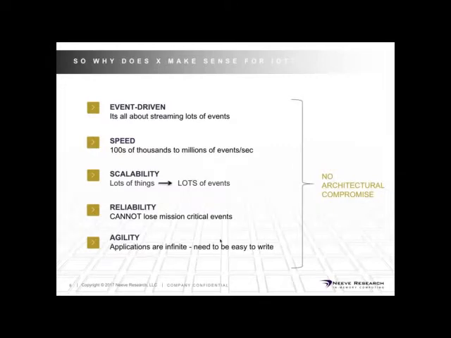So why does X make sense for IoT? I'm just quickly revisiting this slide from earlier, so hopefully some of this is sort of self-evident after all of my rambling so far about X. X takes care of dealing with the low-level details, and you can focus on message processing. It's designed for event-driven systems and streaming lots of events.